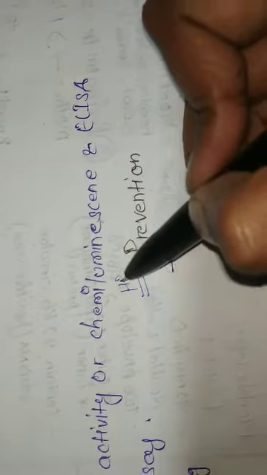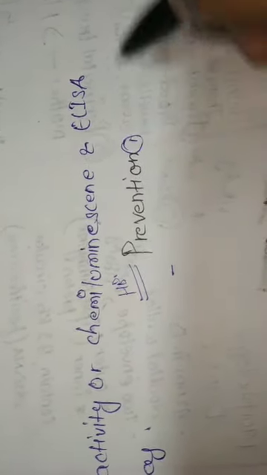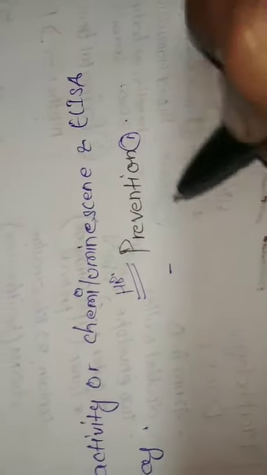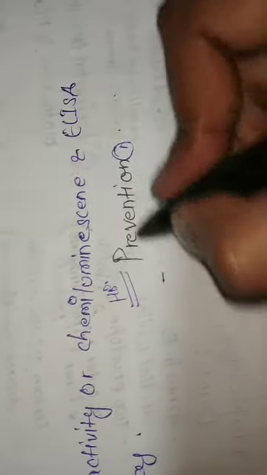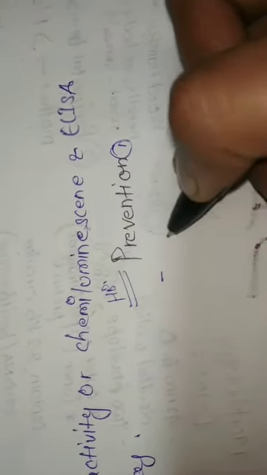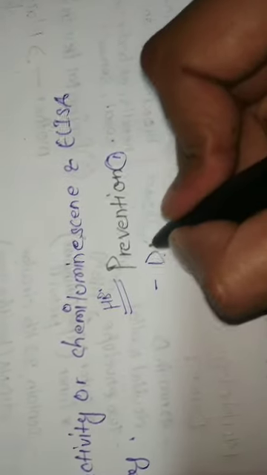Now we'll see the prevention. Prevention is very important for a hepatitis B virus patient, because as I said, blood transfusion can cause hepatitis B virus. So a person who has hepatitis virus should not donate blood.